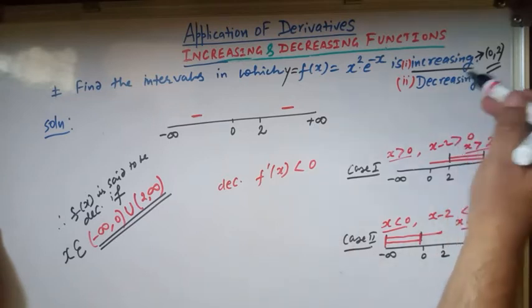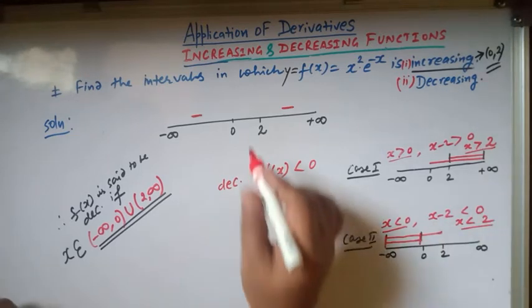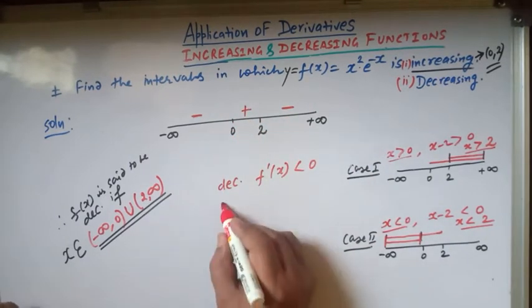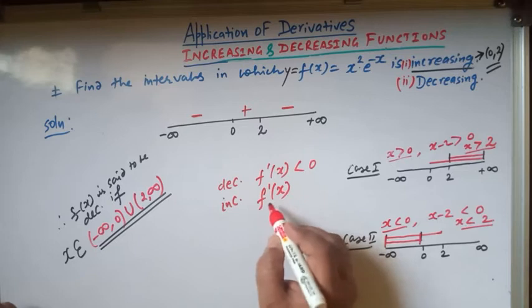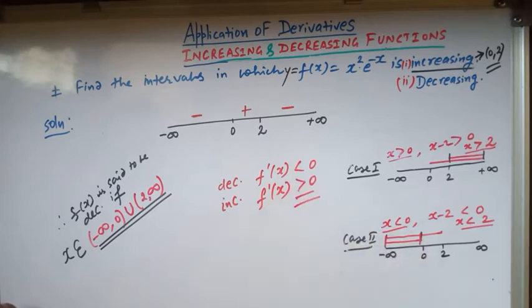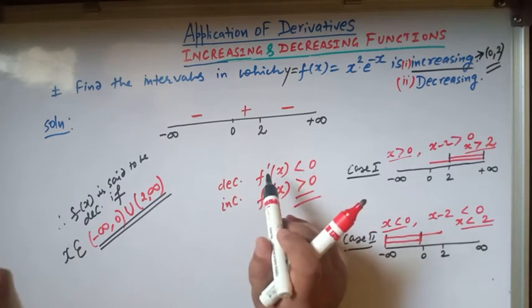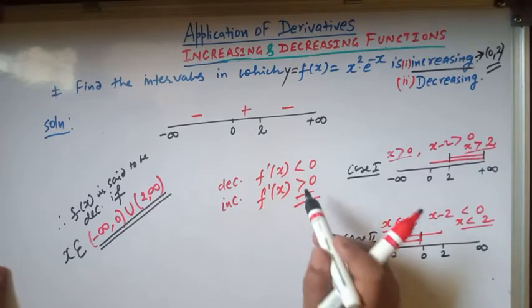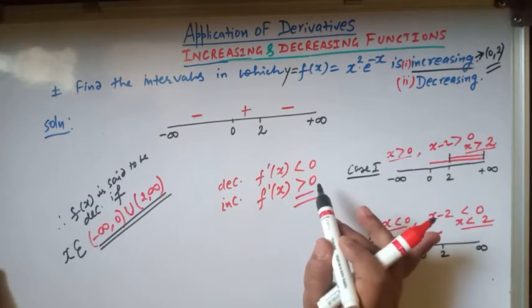Similarly, we saw that this function is increasing in this interval 0 to 2. So here we have this interval 0 to 2, and here we have positive sign. So it means this function is increasing because f dash x is greater than 0. So when the derivative is less than 0, then the function is said to be decreasing, and when the derivative is greater than 0, then the function is said to be increasing.